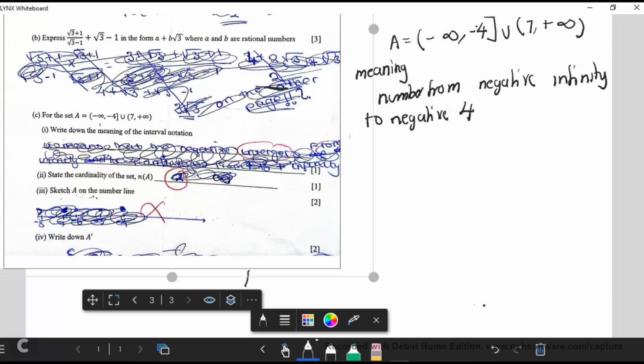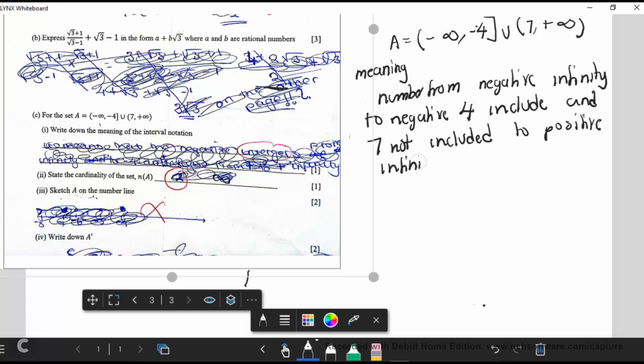To negative 4 included, and 7 not included, to positive infinity. So that's the meaning there. That's question C1.